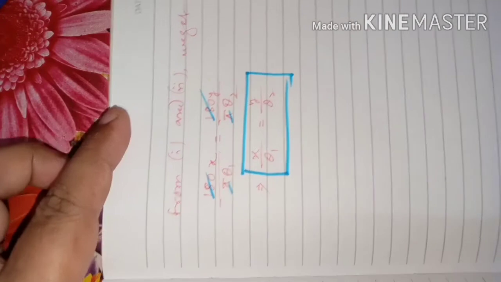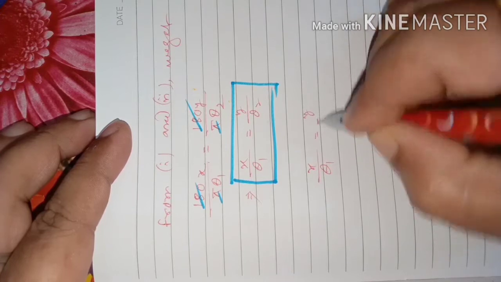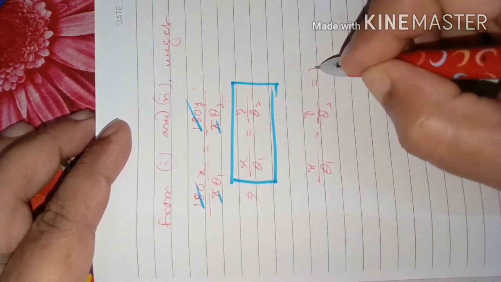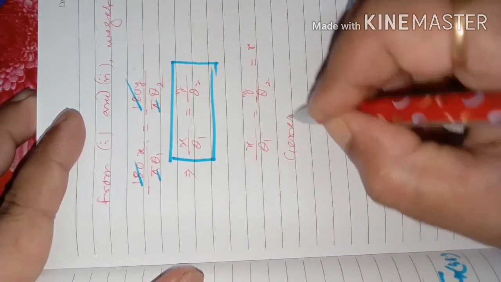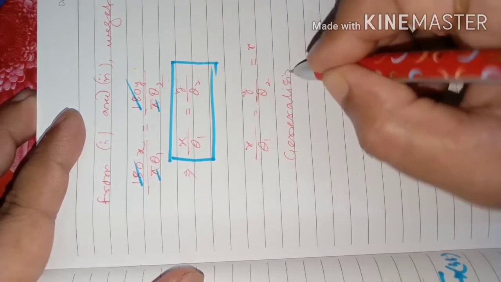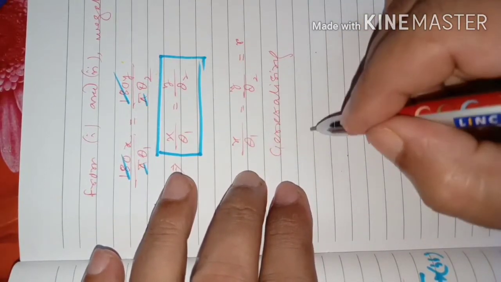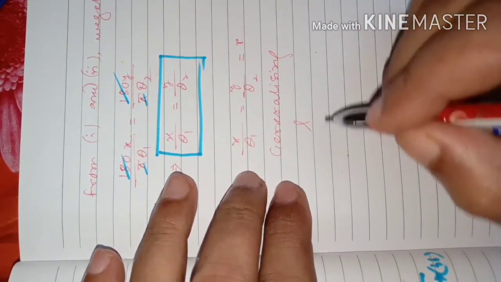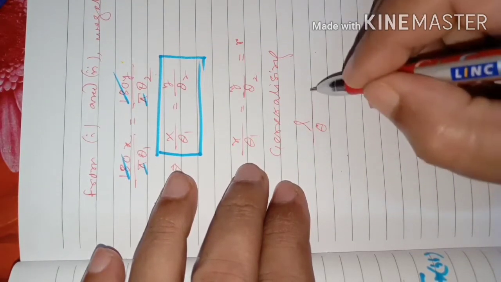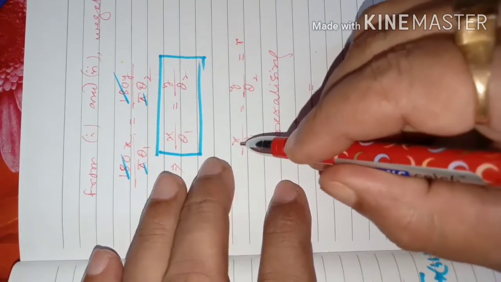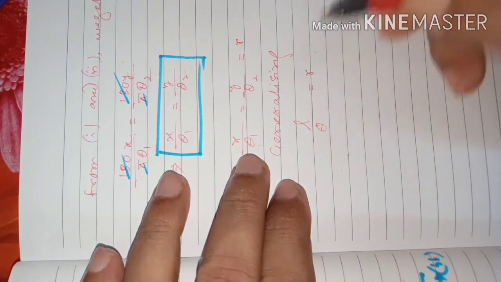So what did we get here? x divided by theta 1 is equal to y divided by theta 2. All are equal to one thing. What is that? R, meaning radius. Or generalizing this whole thing, we can say x by theta 1, where x is the length of an arc, suppose L, divided by theta 1, say the angle, commonly let us say theta, is equal to R. We are generalizing like this.